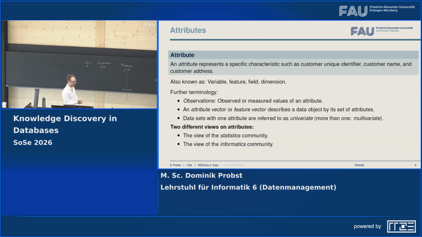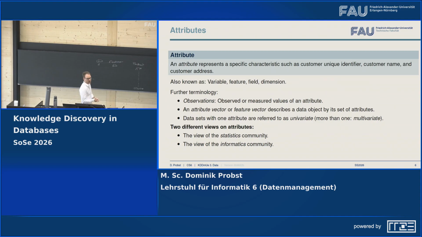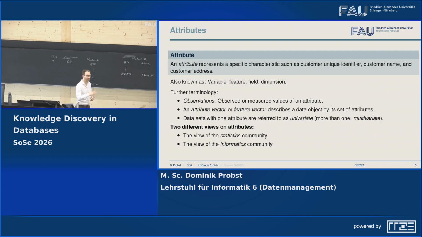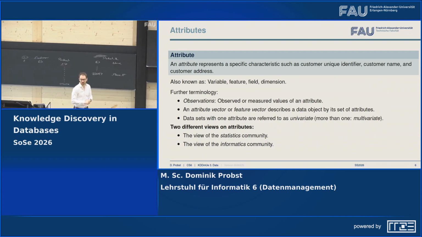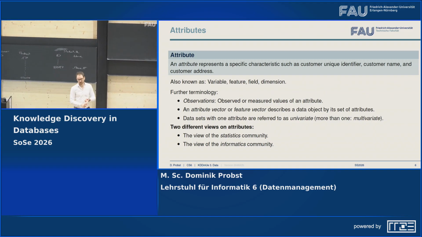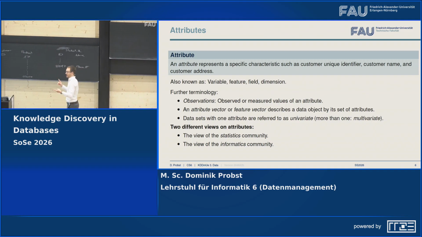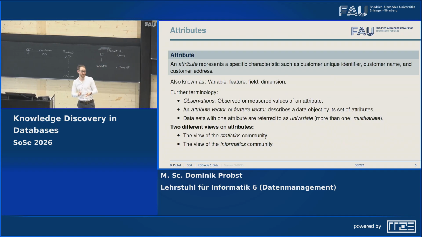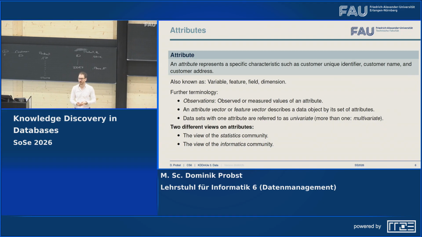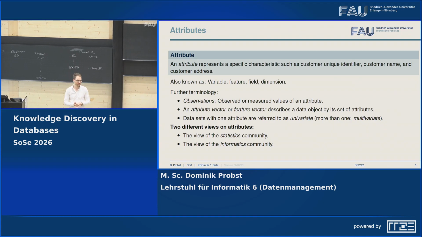These attributes can also be called variables, features, fields, and dimensions. I would say the three most important terms for the context of KDD are attribute, feature, and dimension. Those are used pretty often within the context of a lecture and within the context of data science.